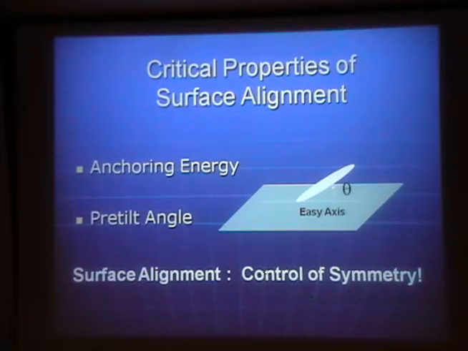So all the time, control of symmetry is the most important thing you need to consider. Photo alignment does this in the way the photon acts on the photosensitive material. Rubbing does this by buffing the surface with a roller.